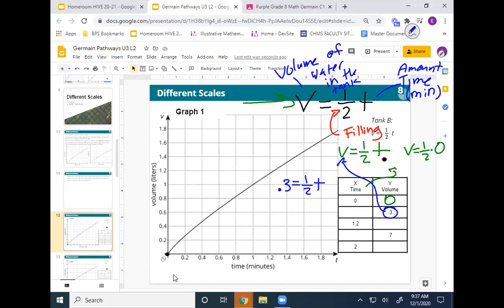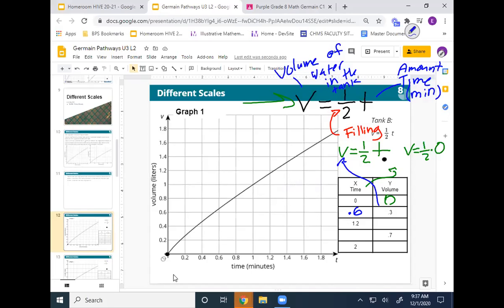Is a good way of thinking about it. 0.6, nice job. So when the volume is 0.3, our time is going to be 0.6. Does everyone see how we did that? Nice job, Sam B.